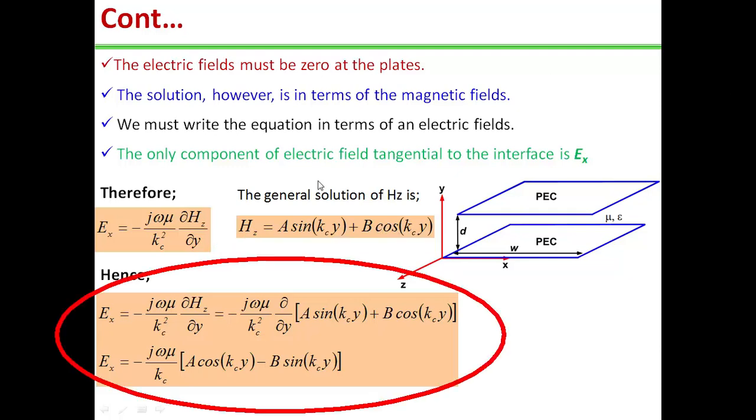After putting the value of Hz in the Ex component, we have Ex = −jωμ/kc [A cos(kc y) − B sin(kc y)], because differentiation of sine with respect to y gives cosine, and differentiation of cosine with respect to y gives minus sine.